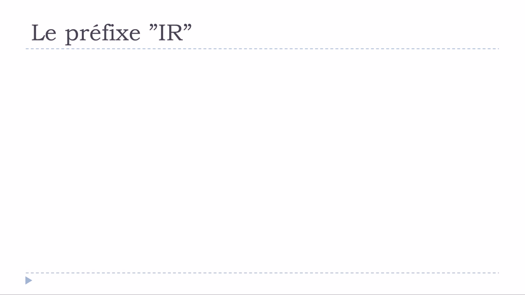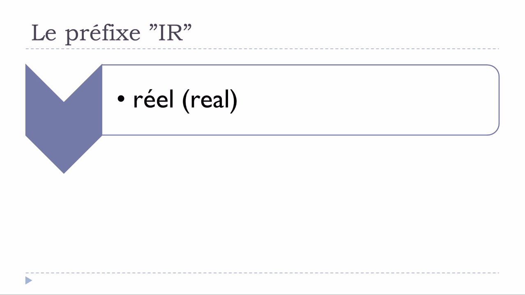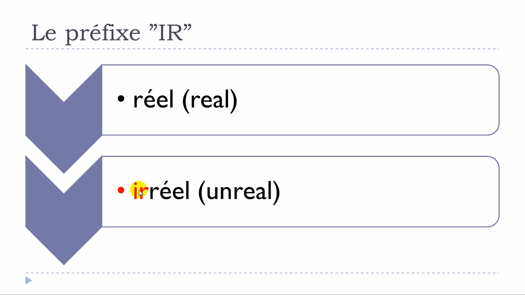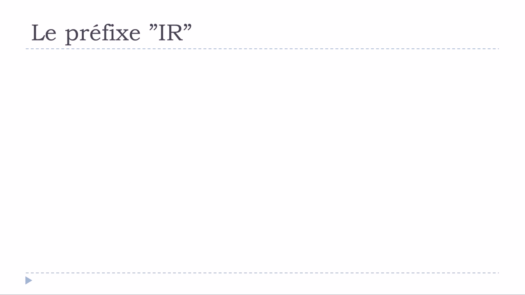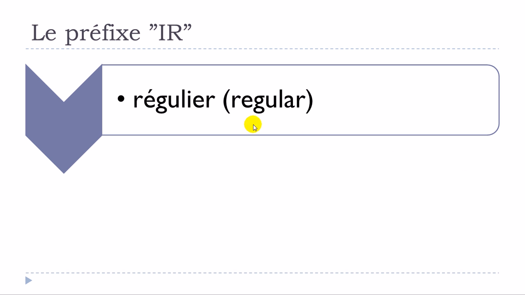So let's check three examples, and the first one is réel. Réel, and then, as I said, you just add this IR, and then you put your réel again, and you get irréel. Irréel. Réel, and then irréel. Régulier. Remember, they start with R all the time.